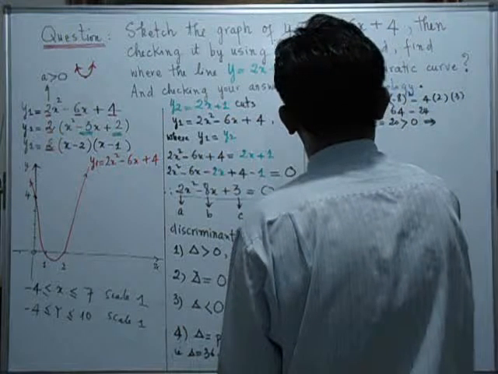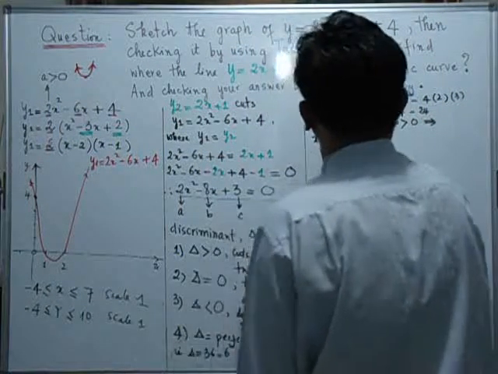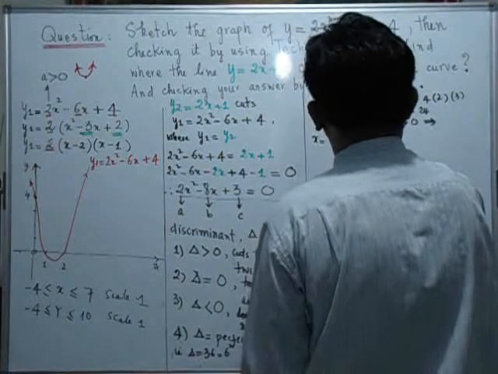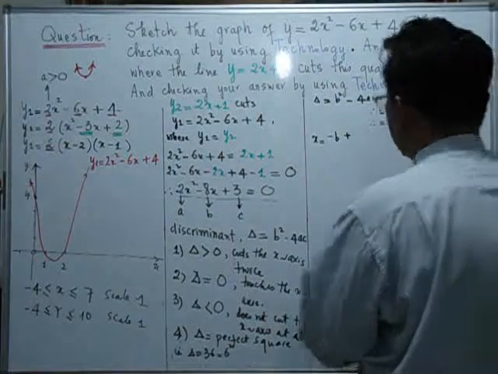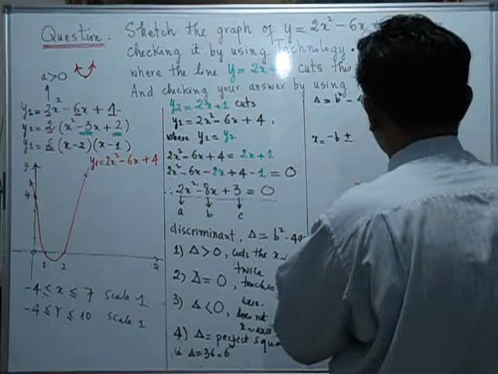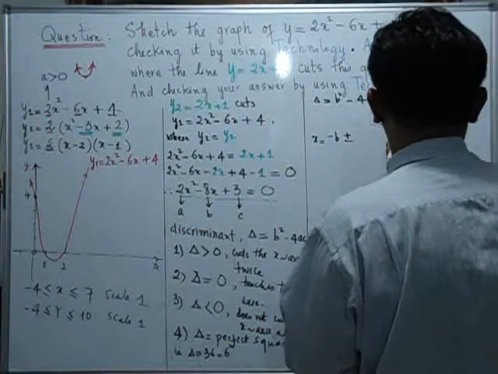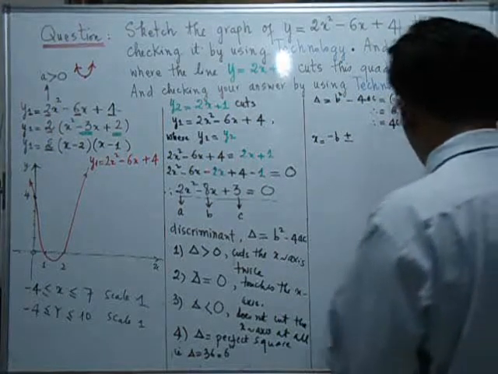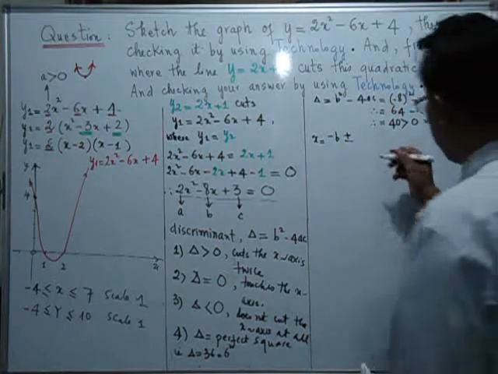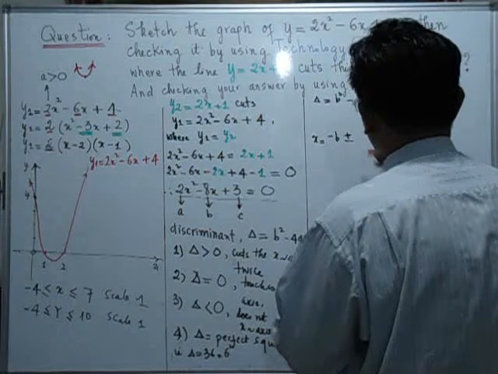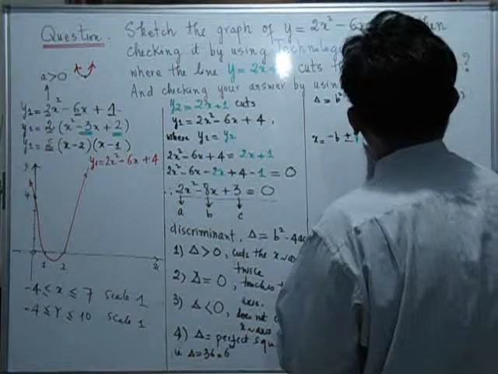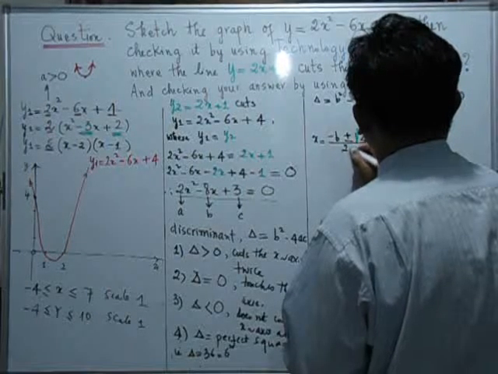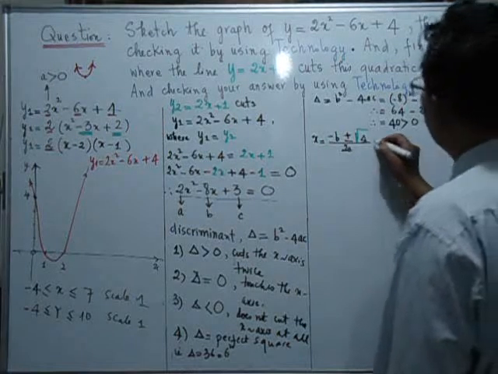Therefore we find the intersections with the curve, so we have x equals minus b plus or minus the square root of delta, which is 40 (64 minus 24), then we divide by 2a. That's the formula. Substitute the numbers in.